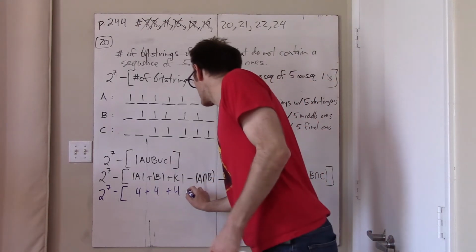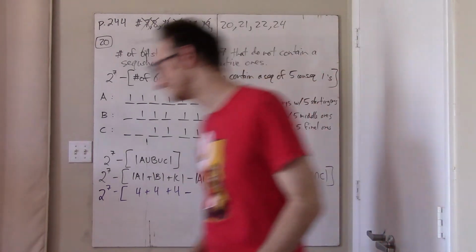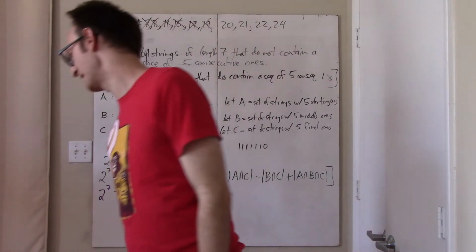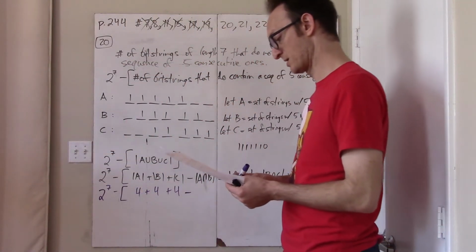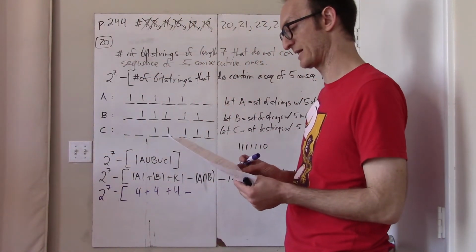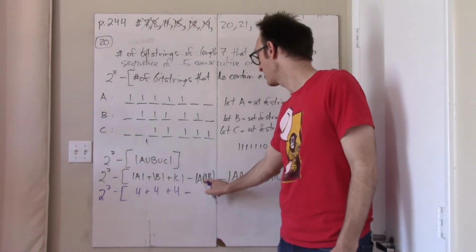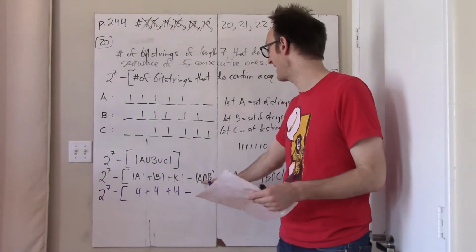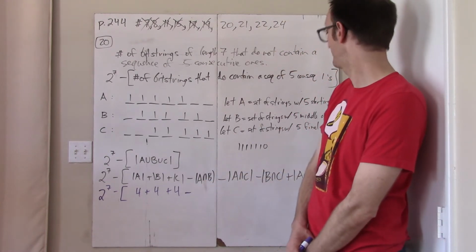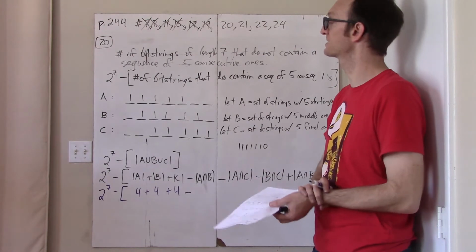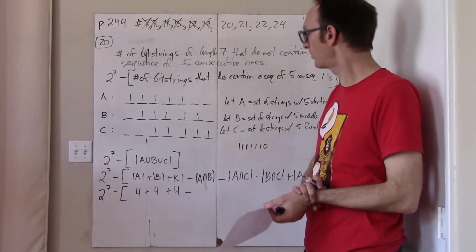Now, just doing this in our heads, how many strings have both of these properties? What does it mean to be in set A intersect B? It means that you begin with 5 ones, and you have 5 middle ones.